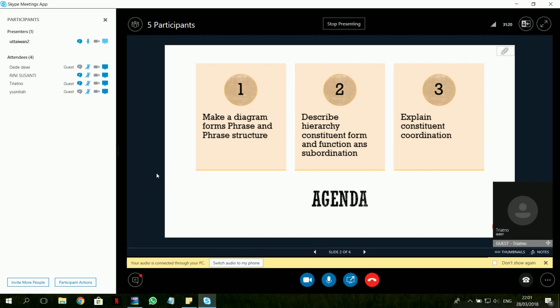For example, page 8.8. Could you please open your book, page 8.8? Have you found it? Yeah. There is a sentence, the cat with 3 legs. What is the noun phrase?